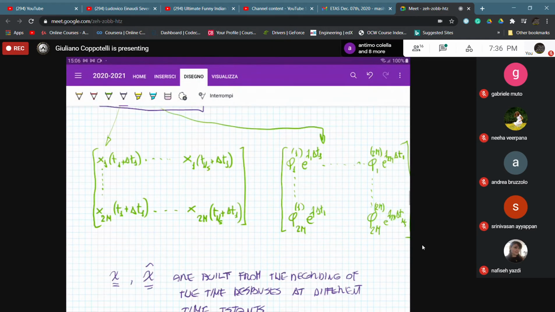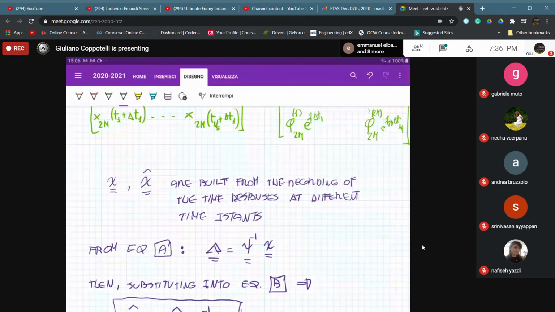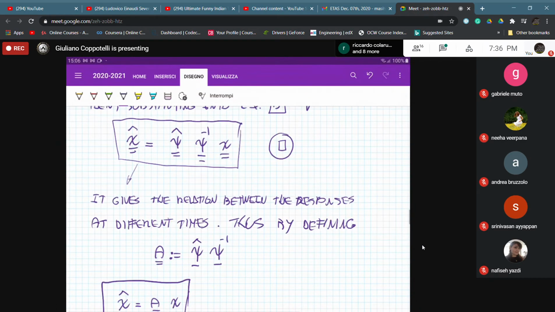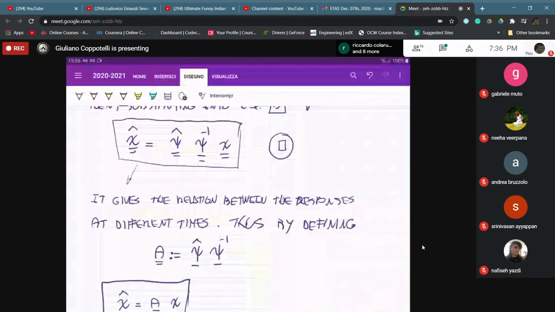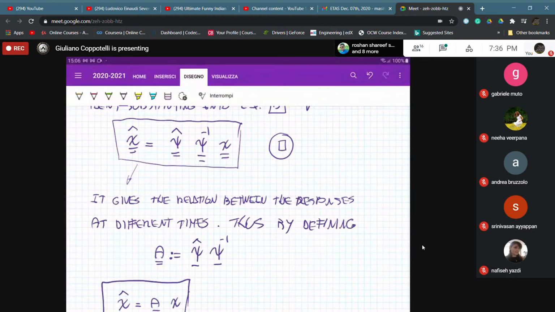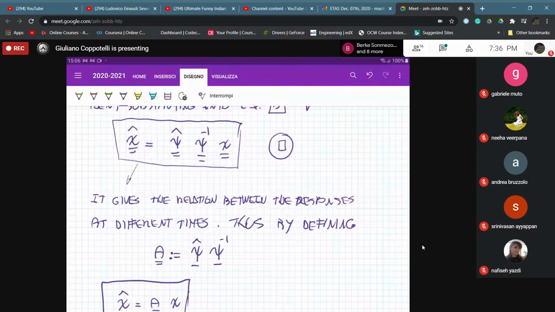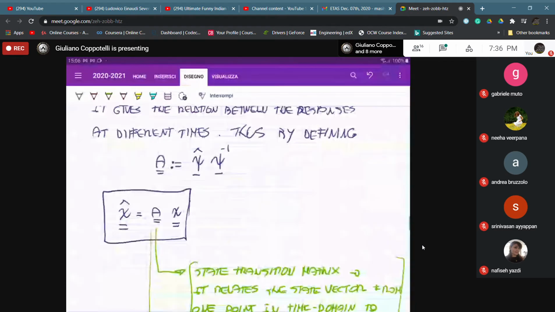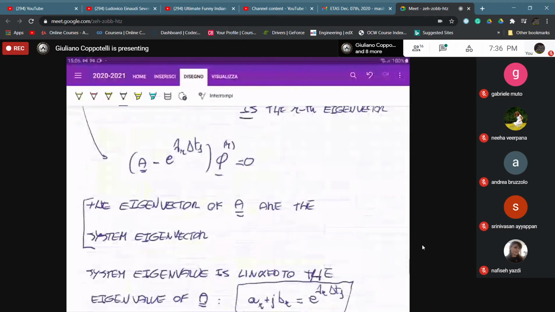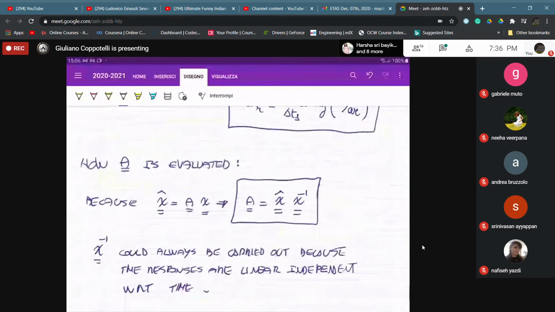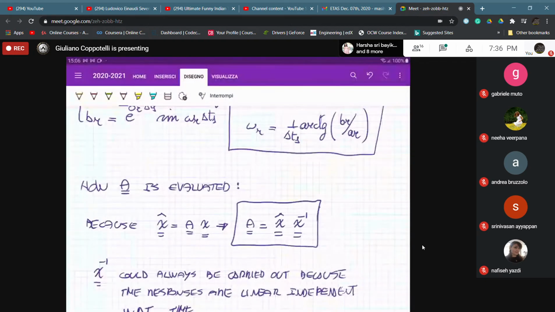Then by comparing these chi and hot chi matrices, we can say that the state transition matrix A can be estimated just by using the time responses and the relation between them.